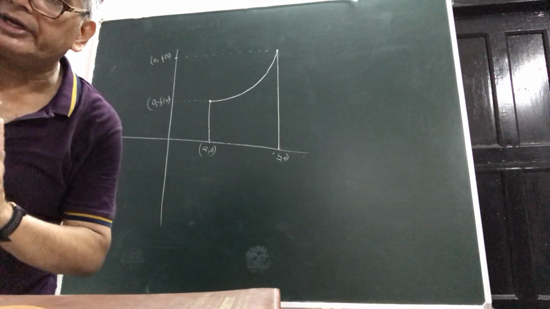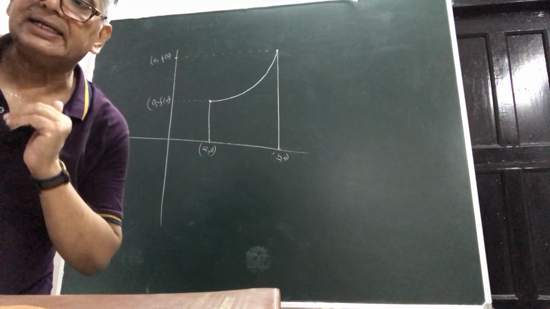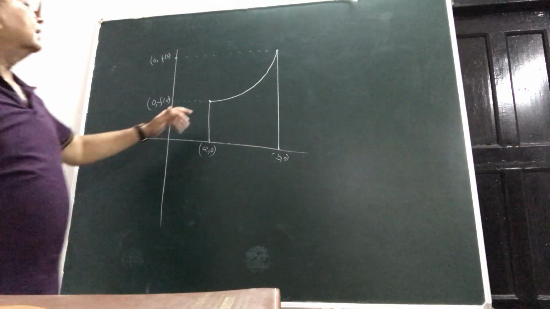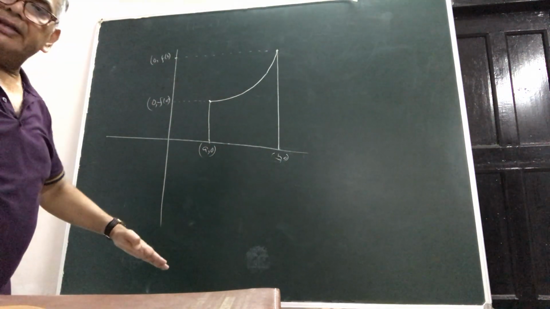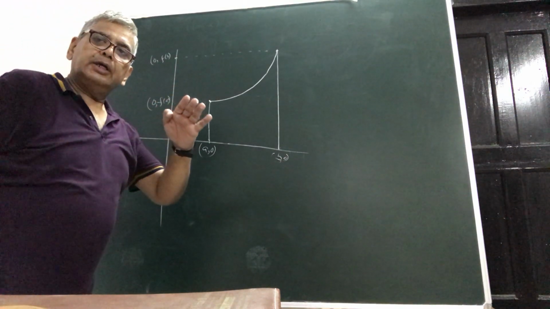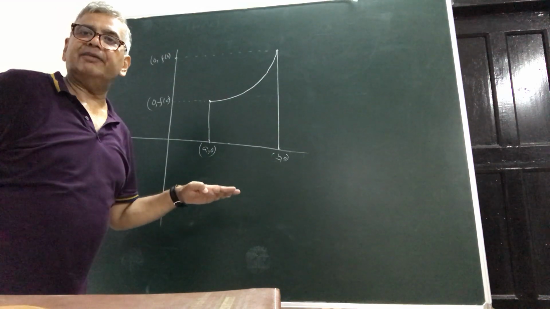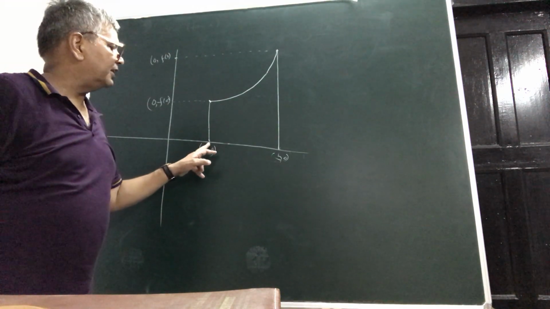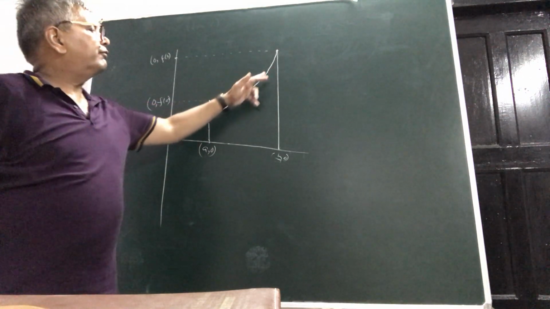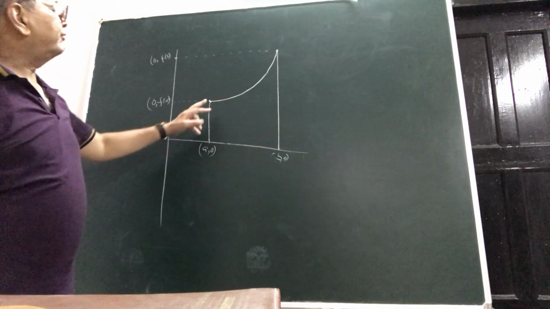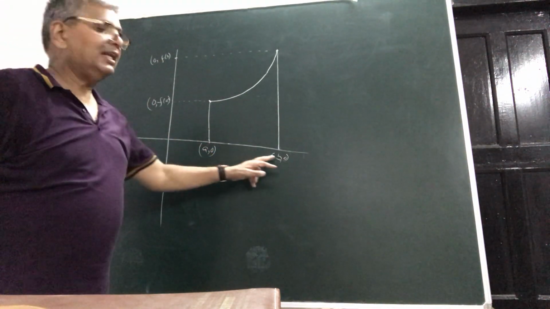Smoothness is a mathematical term which simply demands that a curve is said to be smooth when you can draw a tangent at each point in the given interval. So if f is differentiable in the open interval (a, b), then this graph should have a tangent at each point in the open interval (a, b).